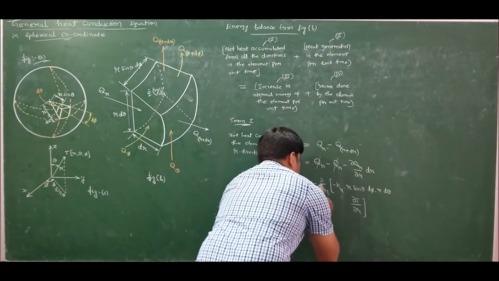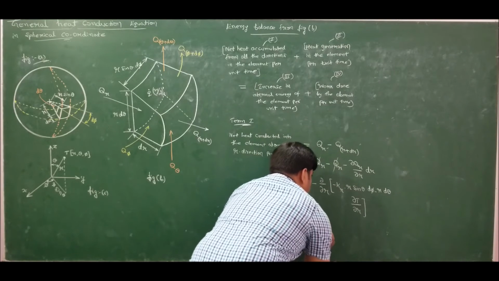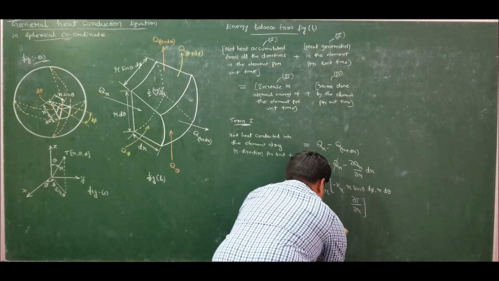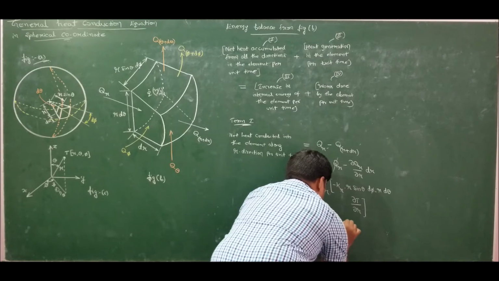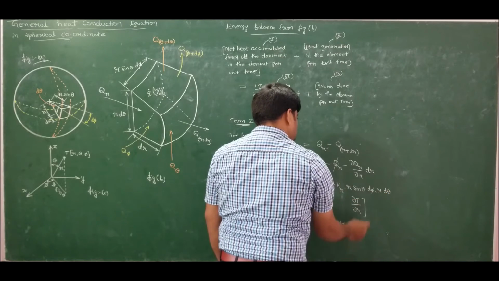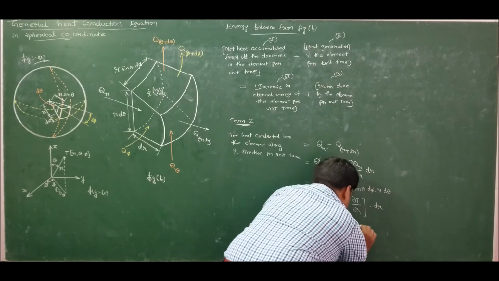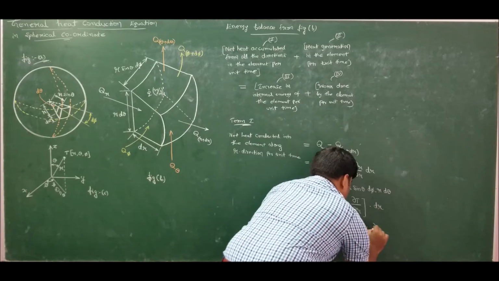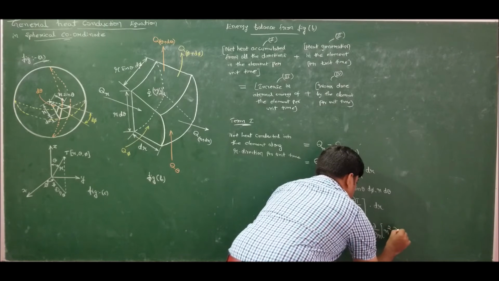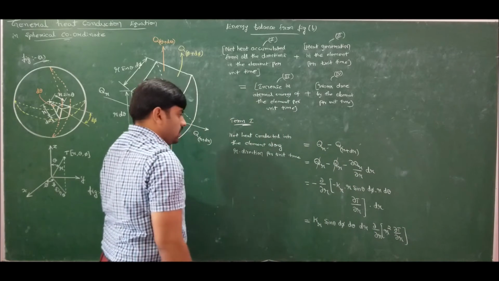So if I simplify, I will get minus of minus is plus, that is k, we have sin theta d phi d theta into dr, don't miss this one, into dr of dou by dou r of r square dou T by dou r.